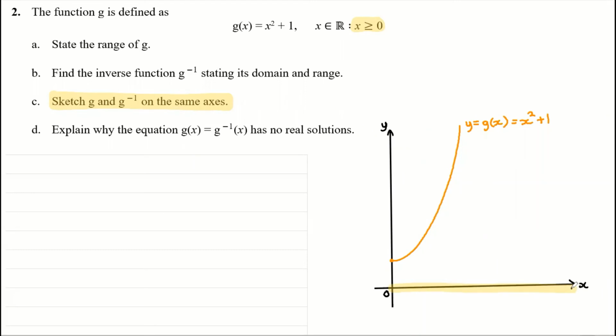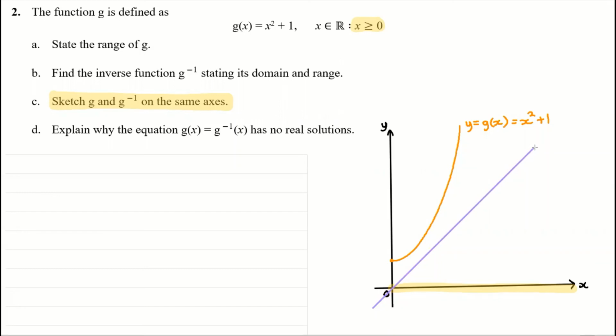Now, if we were to draw the line y equals x, which is obviously the mirror line, I'm going to put that on. It's going to go diagonally. So if this is a 1-to-1 scale, it's going to look something like that, diagonal line.